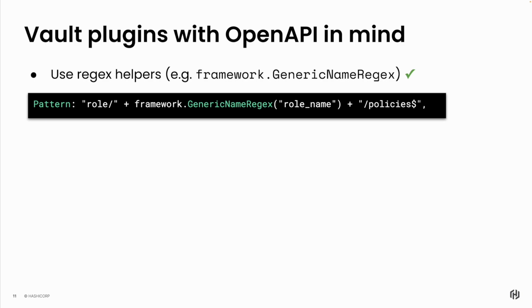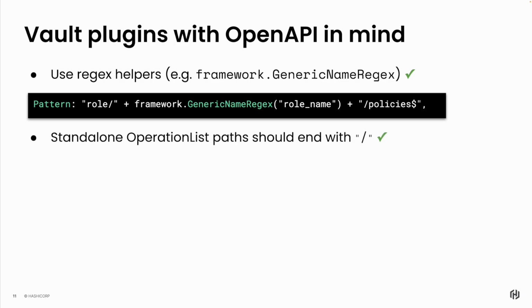On the next few slides, I'll cover a few suggestions to make the OpenAPI for your plugins even better. First, when you're constructing the regex for your path pattern, make sure to take advantage of the Vault regex helpers. Custom regexes may not work very well with the OpenAPI.